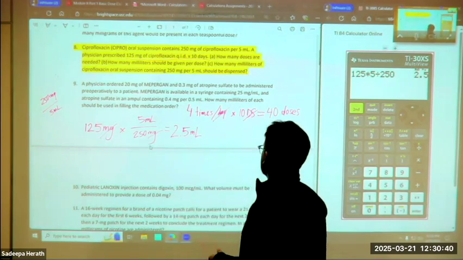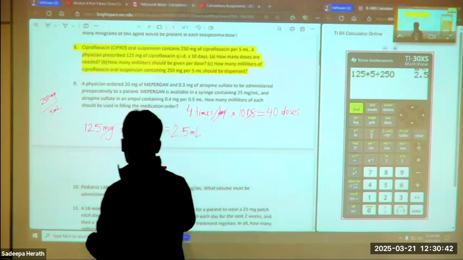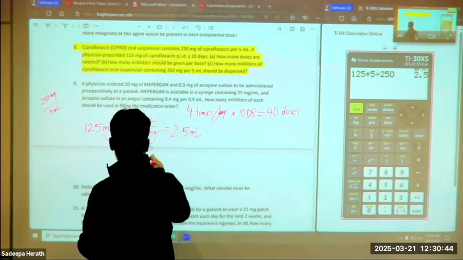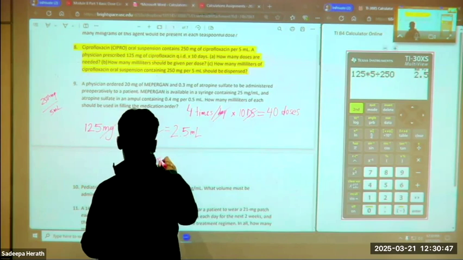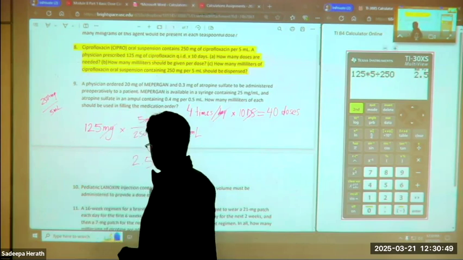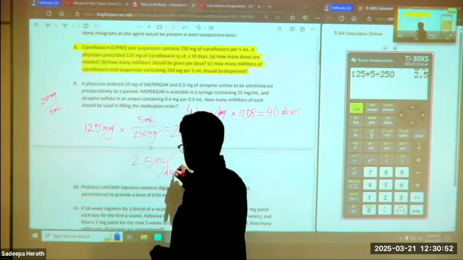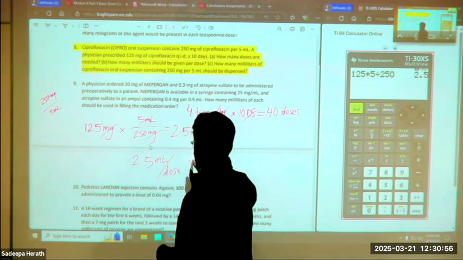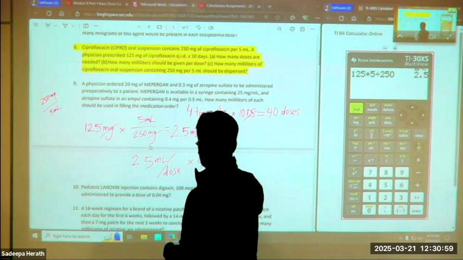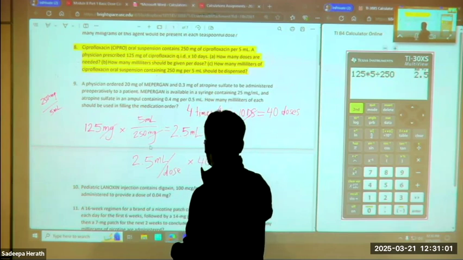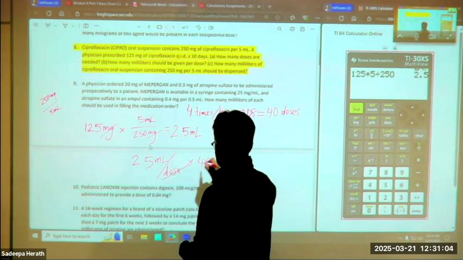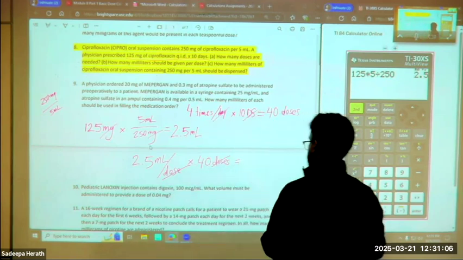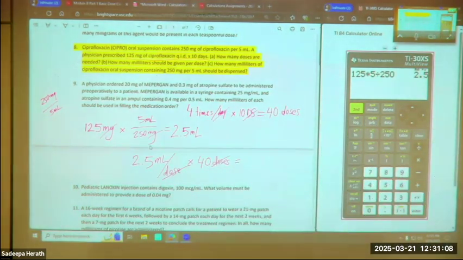Okay, but let's write it out just to be safe. Make sure I'm not wrong either. 2.5 ml, and that's per dose, by the way. That's how much we're taking per dose, times 40 doses. 100 ml.